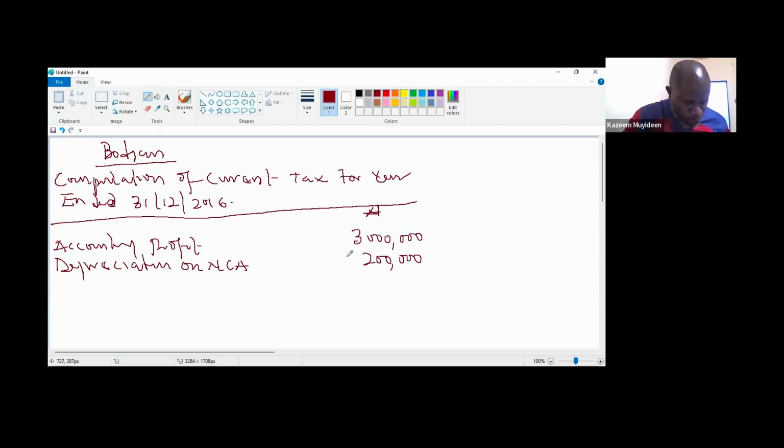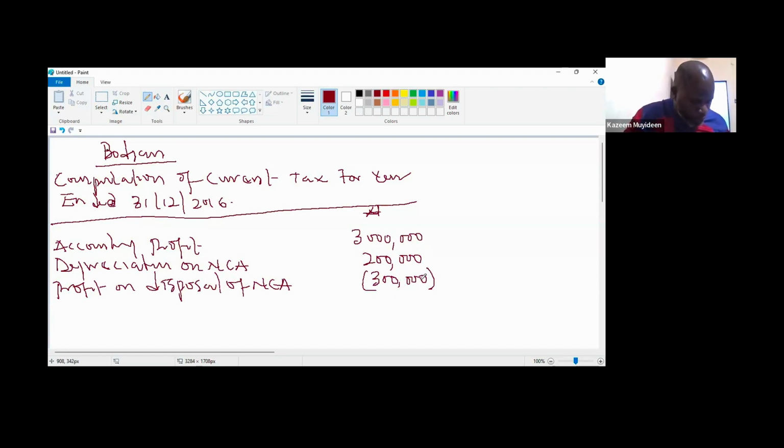Then profits on disposal of non-current assets. What is the profit on disposal of non-current assets? 300,000. I will subtract it. If it is loss, I will add.